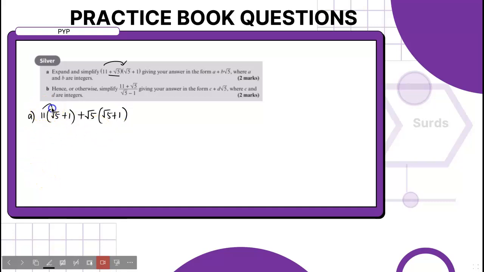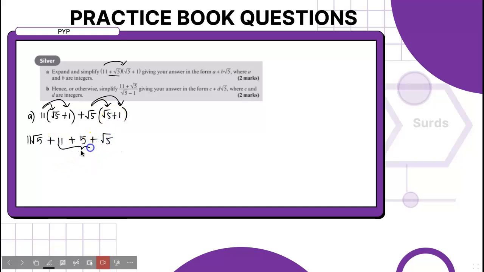Let's multiply. 11 times root 5 gives us 11 root 5, plus 11 times 1 gives us 11, plus root 5 times root 5 gives us 5. No need to explain. Root 5 times 1 is root 5.